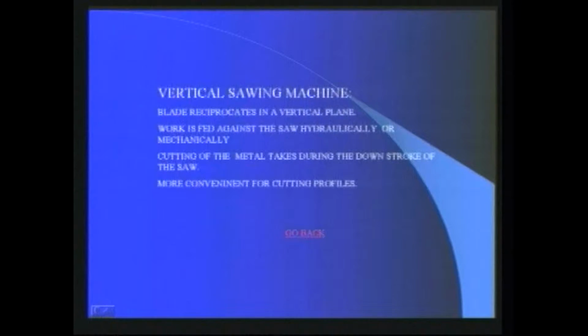In this machine, the saw blade reciprocates in a vertical plane and the work is fed against the saw. The cutting of metal takes place during the downstroke of the saw. The saw blade is thin and is more convenient for cutting profiles.